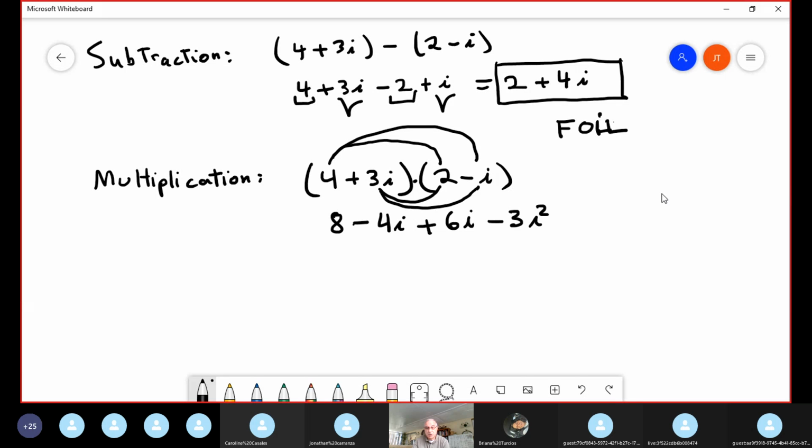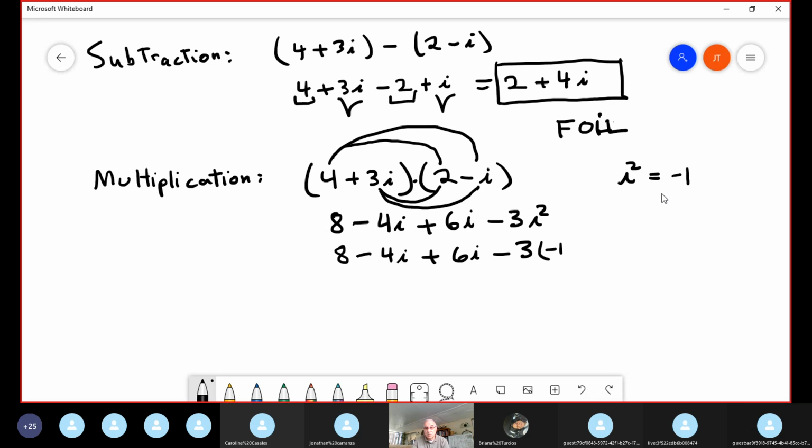No. You need to combine that term, and you need to remember that i squared is equal to -1. We discussed this in the first lecture, no? So immediately you replace i squared, which is real, by -1. So it's 8 minus 4i plus 6i minus 3 times -1.